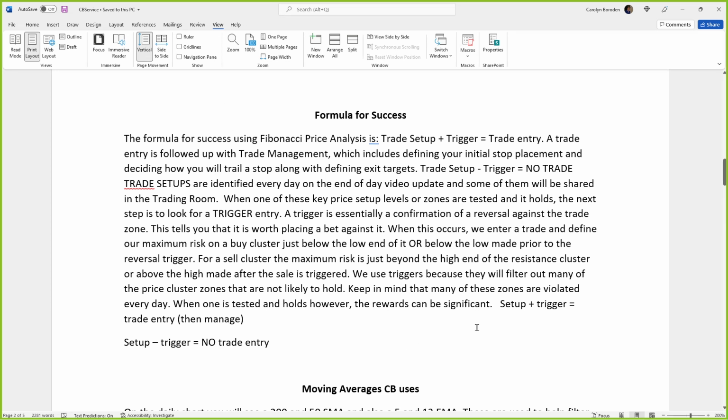Okay. All right. Anyway, as far as what you do once you identify a setup, most of those I just have right in front of you, and I also post the other charts all day long. Once you have the setup, the way you make money: trade setup plus trigger equals entry, and then you manage it.